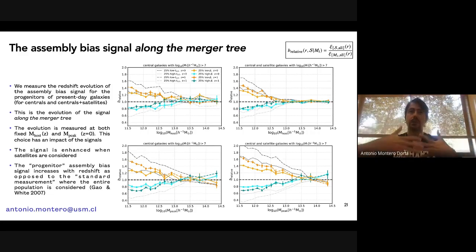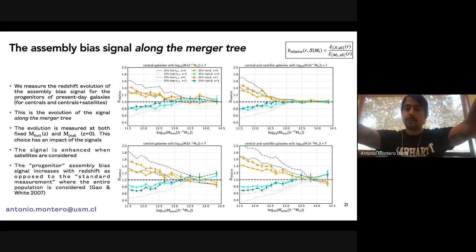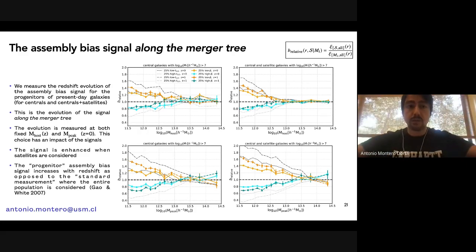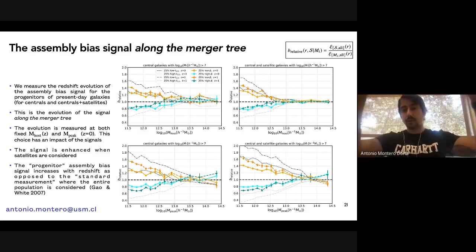You're not looking at the entire population independently at each snapshot, but you're measuring assembly bias along the merger tree here. And when you do it that way, assembly bias actually increases with redshift, as opposed to decreasing, which is what had been shown before for the assembly bias when you just consider the populations at different redshift independently.